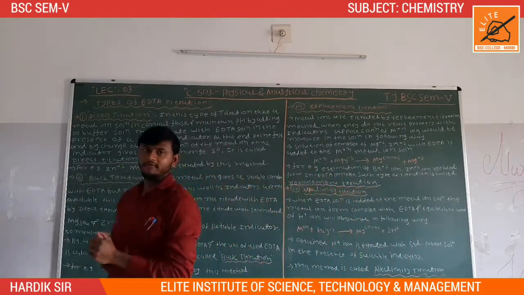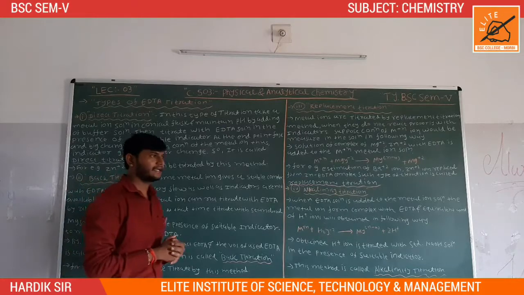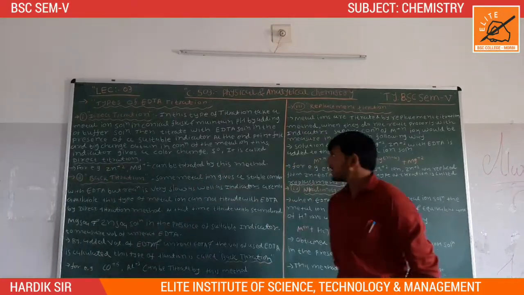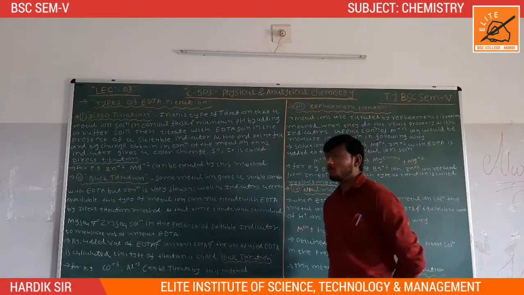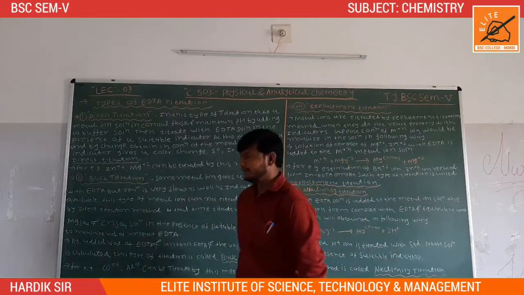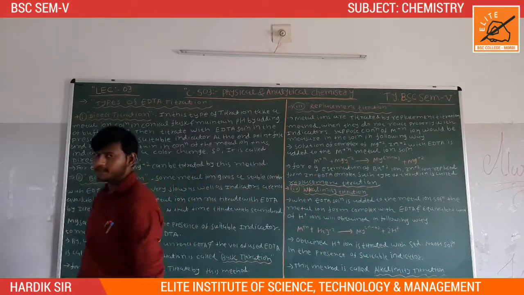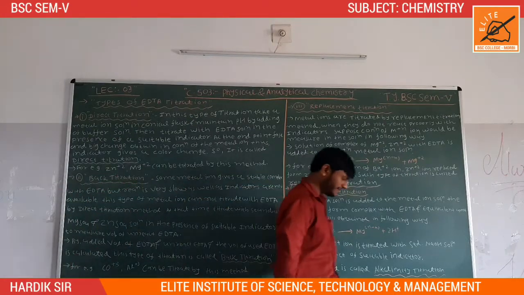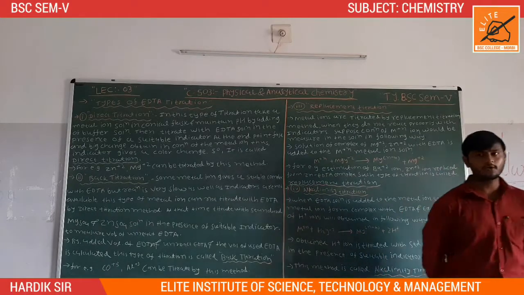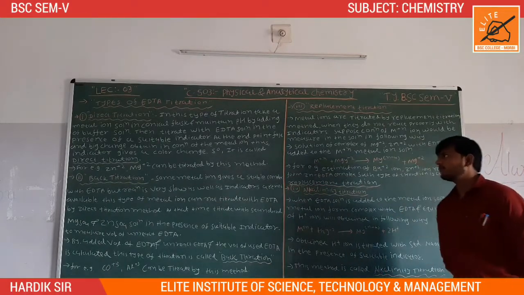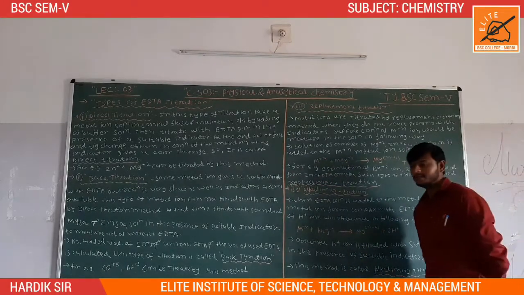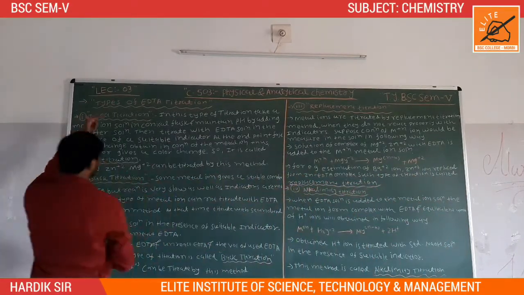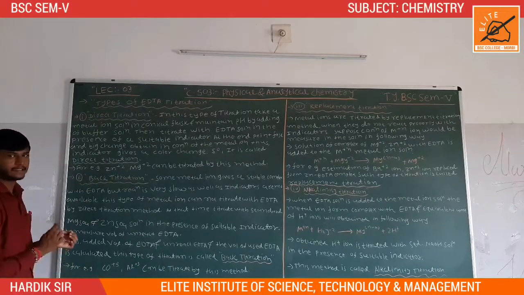Now we have learned about the four types of EDTA titration, or complexometric titration: direct titration method, back titration method, replacement titration method, and alkalimetric titration method.